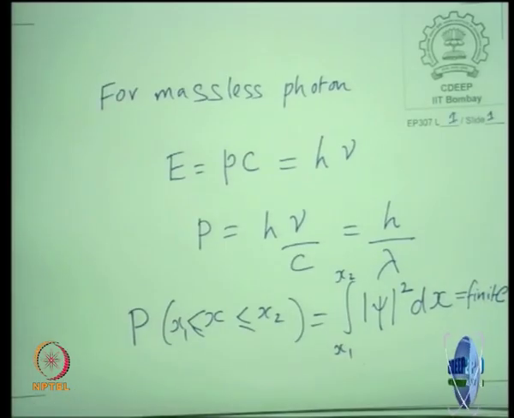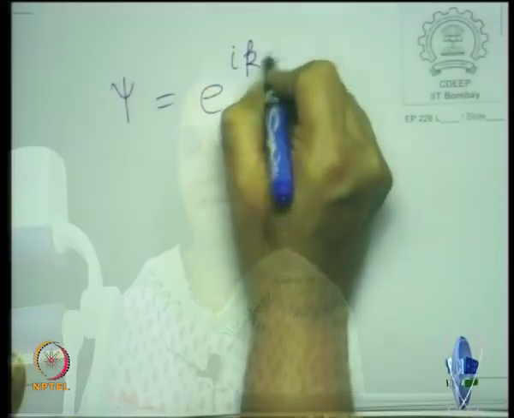Okay, for the mod squared we will do a box normalization. We'll come back to it. The question is, suppose you have a wave function e to the i kx.